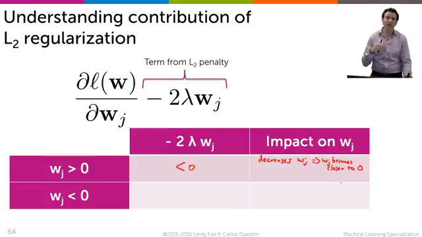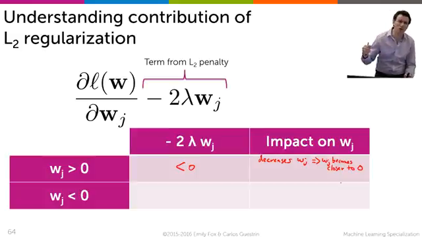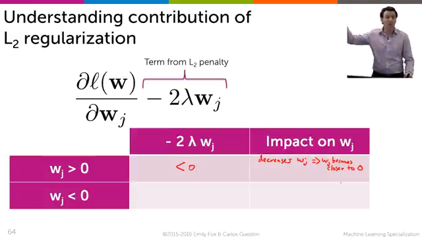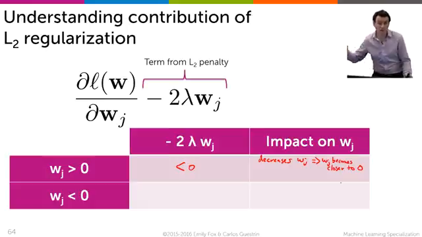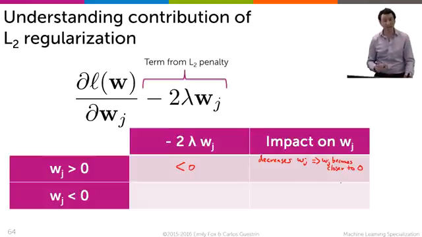And in fact, if lambda is bigger then that thing becomes more negative and it's going to zero faster. And if Wj is very positive, the decrement is also larger, so it again goes towards zero even faster. Now, if Wj is negative, then minus 2 lambda Wj is going to be greater than 0 because lambda is also greater than 0. And what impact does that have?